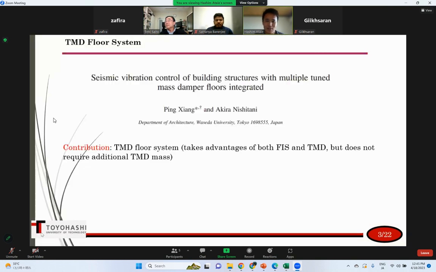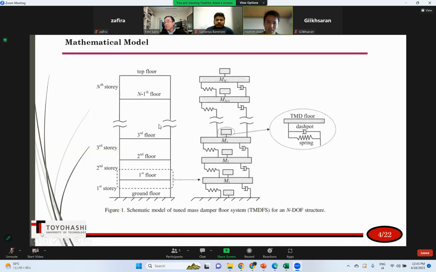Sensei, the paper you sent us, the contribution is a TMD floor system that takes advantage of both the floor isolation system and TMD, but does not require additional TMD mass. This is the mathematical model, which is the same as the lumped mass model in Stera 3D.